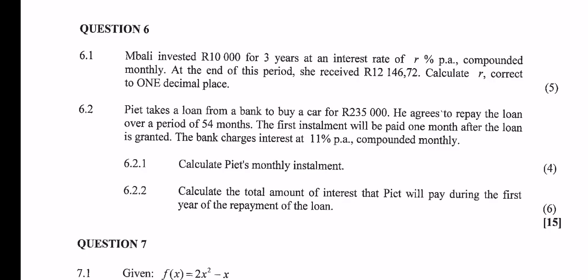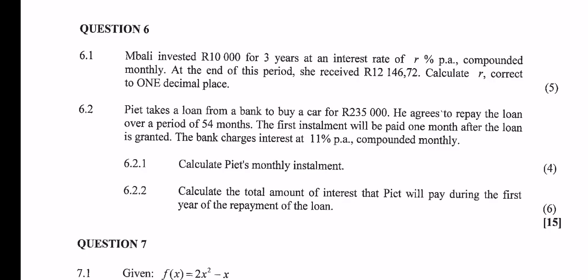Mbali invested 10,000 for 3 years at an interest rate of R% per annum compounded monthly. What that is saying is that it is compounded monthly, so it is going to gain interest every month.